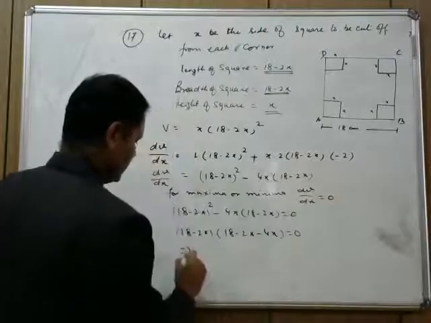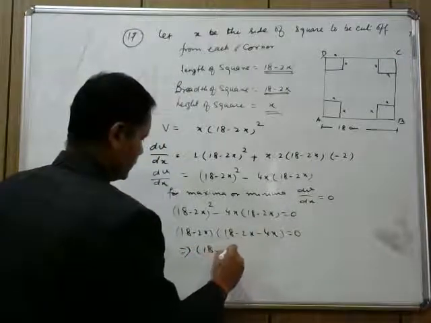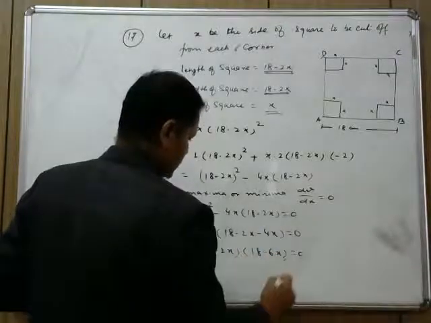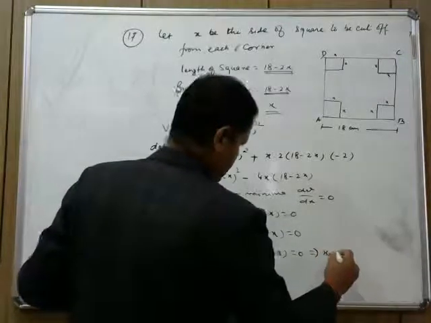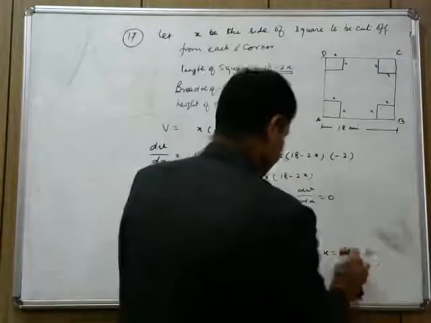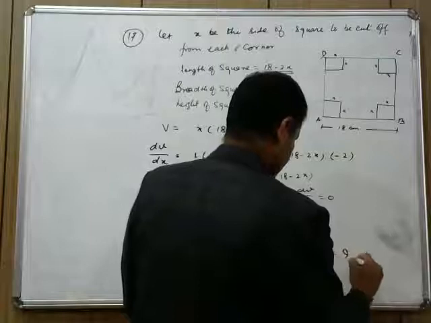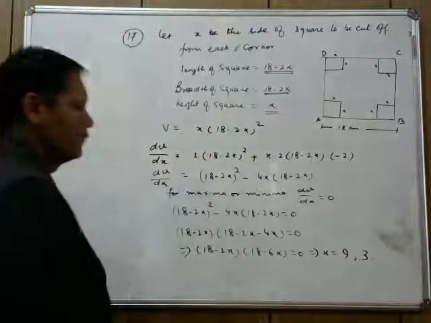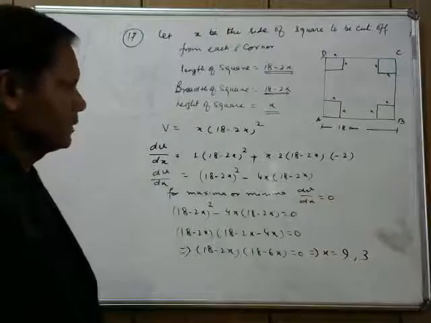It implies that (18 minus 2x) and (18 minus 6x) is equal to 0. It implies that x is equal to 9 and x is equal to 3. Two values we have, x is equal to 9 and x is equal to 3.